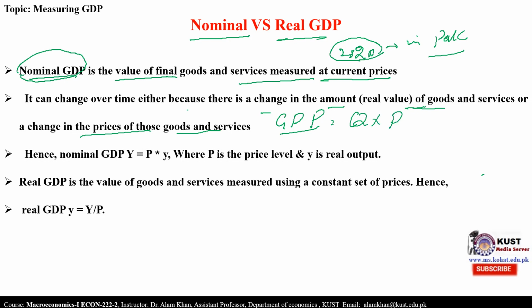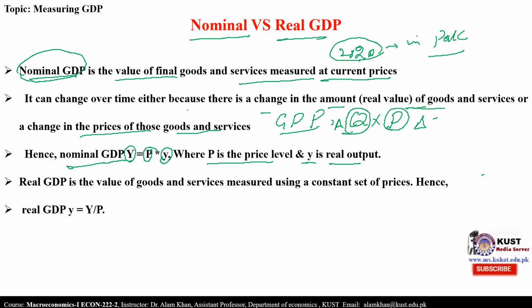So over a period of time, a change will occur in the GDP when there is a change in the quantity or amount of goods and services, or a change in the prices of those goods and services. Hence, nominal GDP, if we denote this by Y, will be equal to P multiplied by small y, where P is the price level while y is the real output.